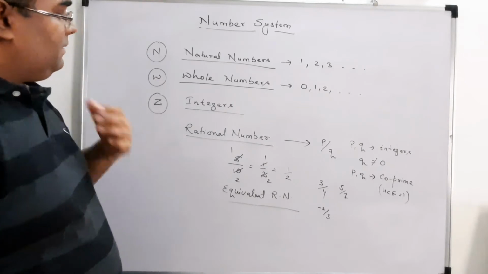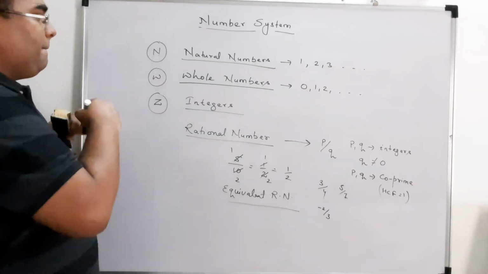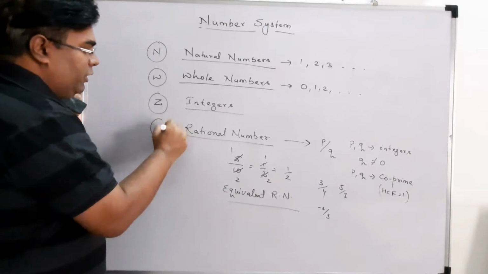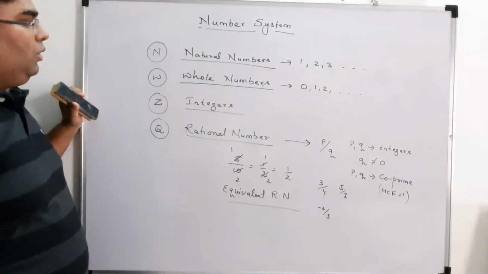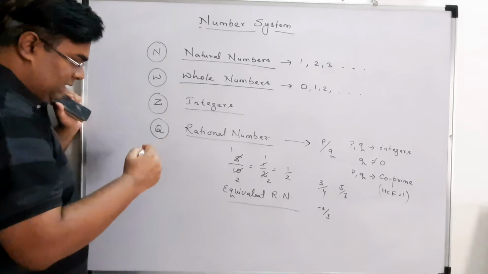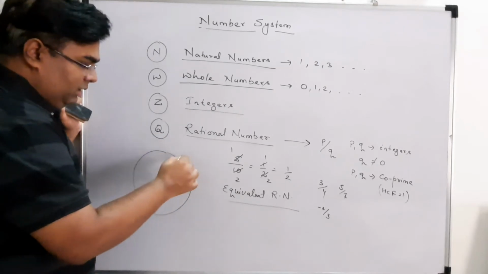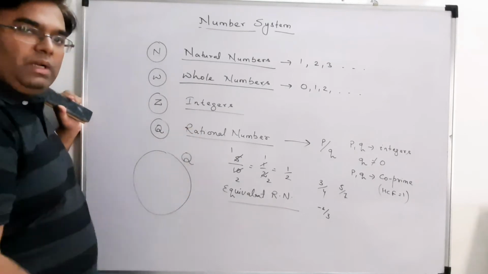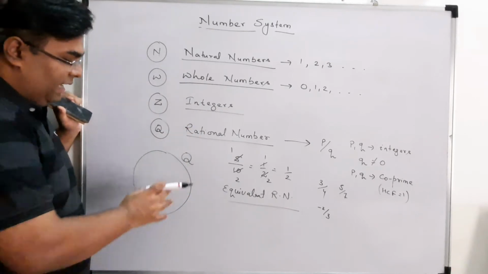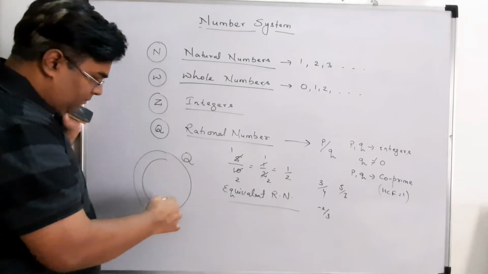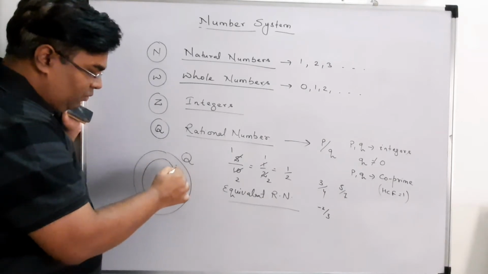Now understand this. The set of all rational numbers, the symbol is Q. Now suppose I make a circle, this is the circle of rational numbers. In the rational numbers, integers will also come. Why?